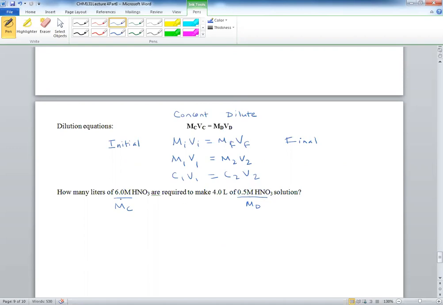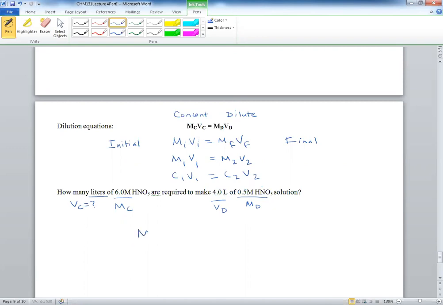This one says you've got 6 moles of HNO3 per 1 liter. And of course, you need to make 4 liters of this dilute solution. So this is V sub D. So what are we looking for? What's left out of this is, of course, V sub C. It asks how many liters of this concentrated solution you need.